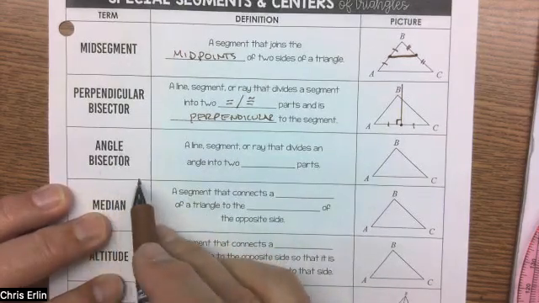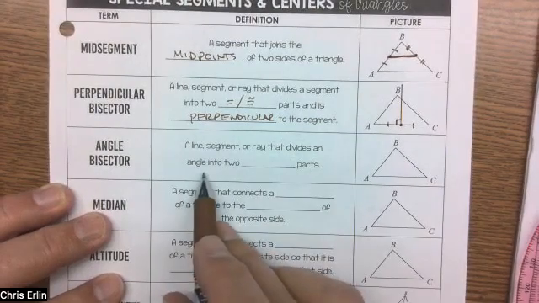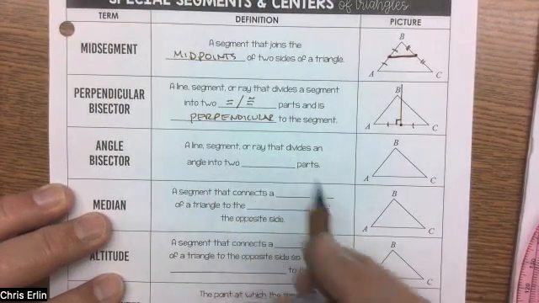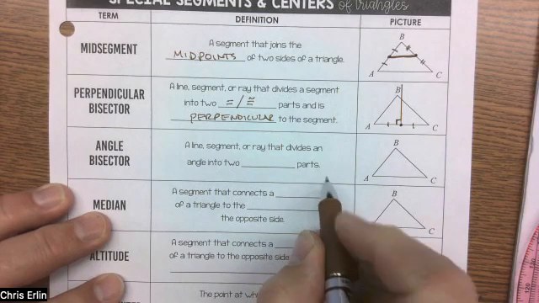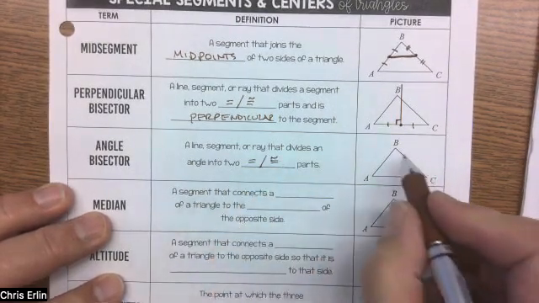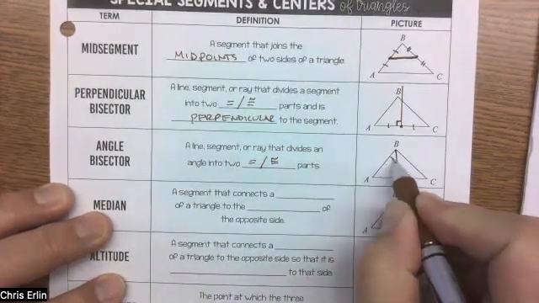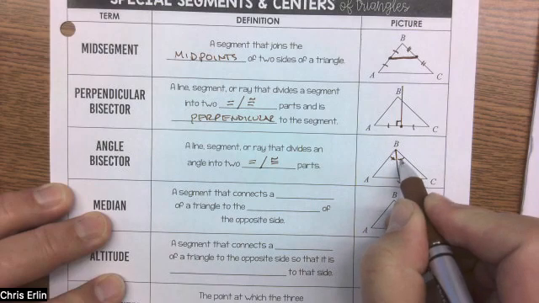Next, we'll look at an angle bisector. It's a segment or ray that divides an angle into what? Two what kind of parts? Good, equal or congruent parts. So it'll be coming out of B in such a way that it splits this angle into two equal parts.